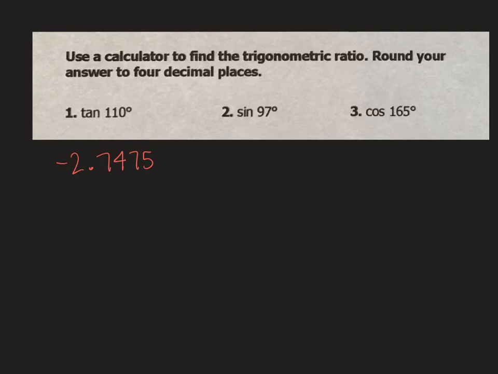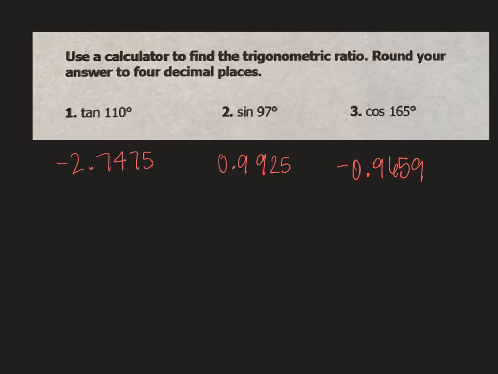And then we do the same thing for sine of 97 degrees. Rounding to the nearest 4th decimal place gives us 0.9925. And again, cosine of 165 degrees is going to give us negative 0.9659.